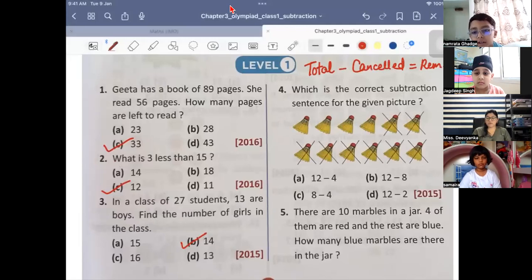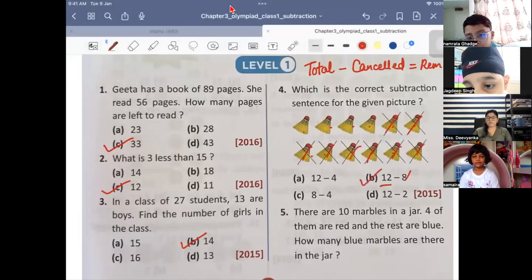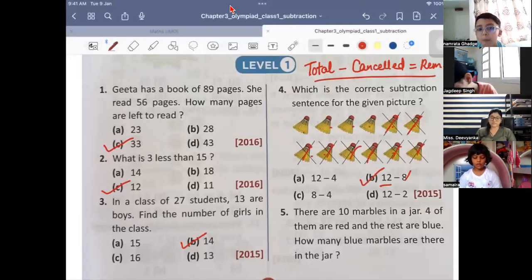Let's count. 1, 2, 3, 4, 5, 6, 7, 8, 9, 10, 11, 12. So correct, 12. And minus 1, 2, 3, 4, 5, 6, 7, 8. Correct. So option B is the correct one. Always remember this for these types of questions.